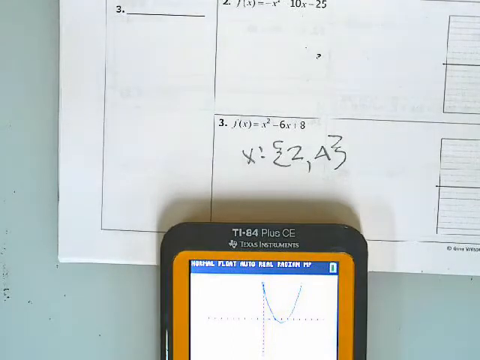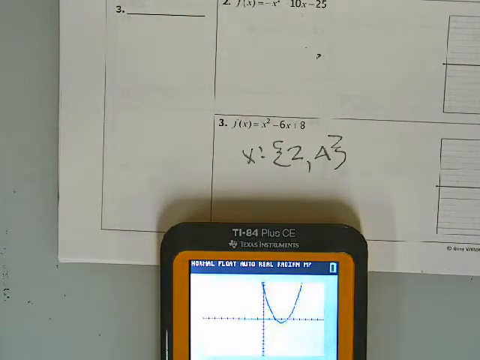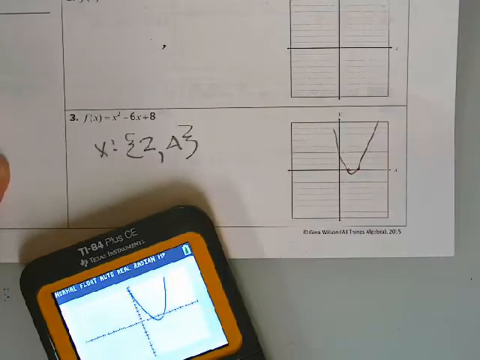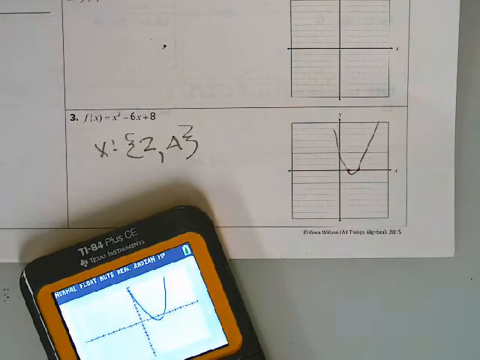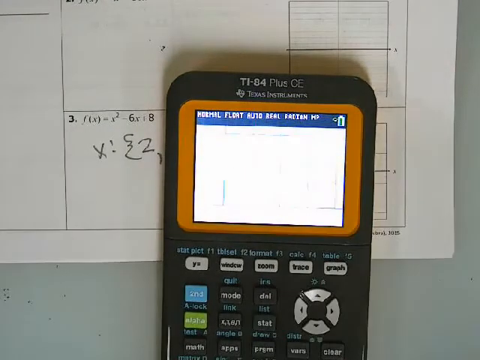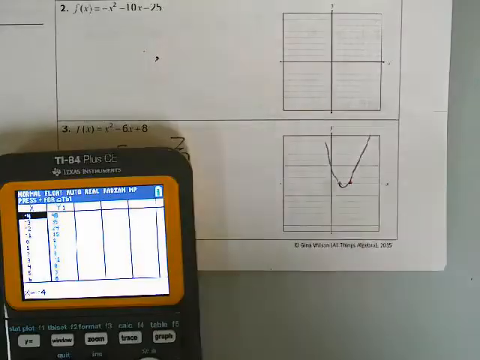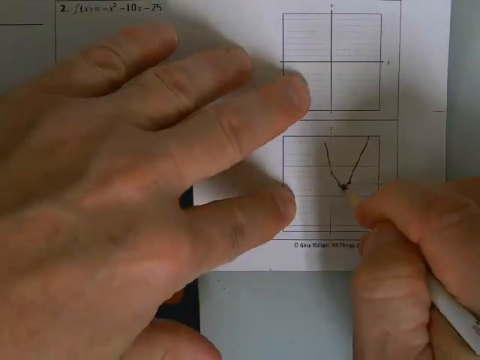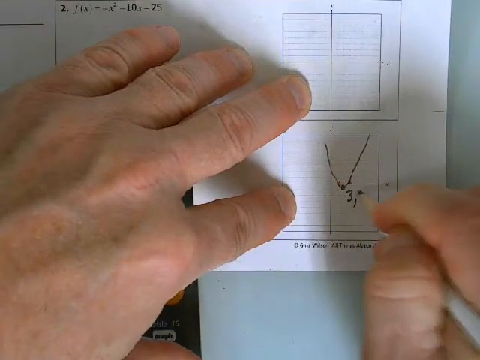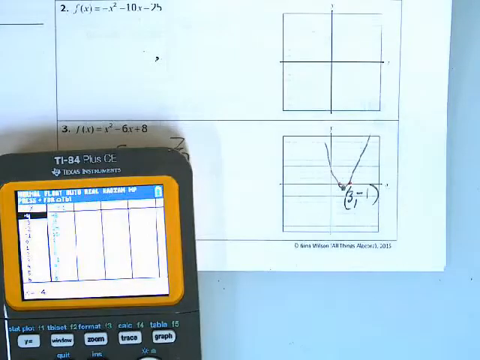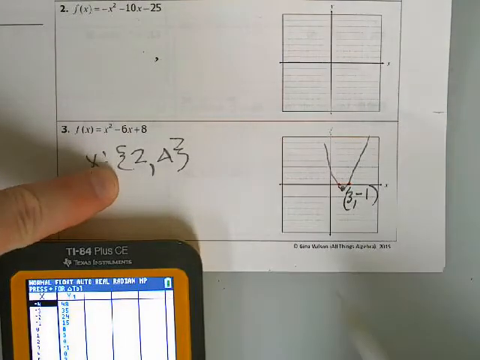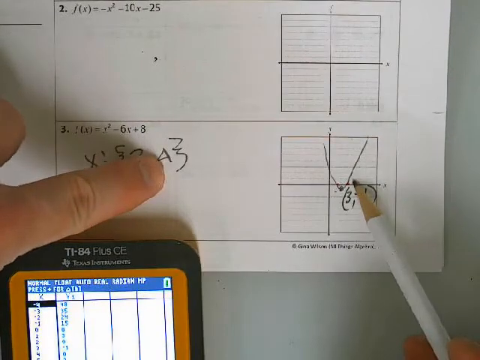Any questions? Pardon? I'm sorry, can you say it louder? Okay. So you can look at your table here to do your graph. The vertex is 3, -1. Okay. Vertex is 3, -1. These 2 points here, this is 2, 0, and 4, 0.